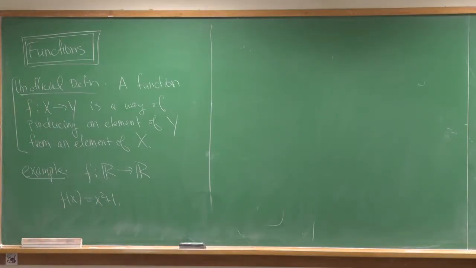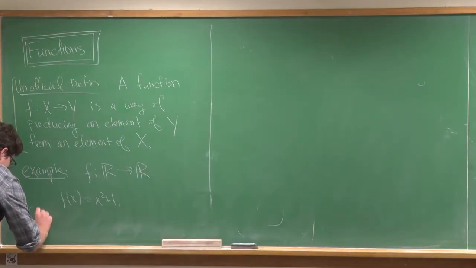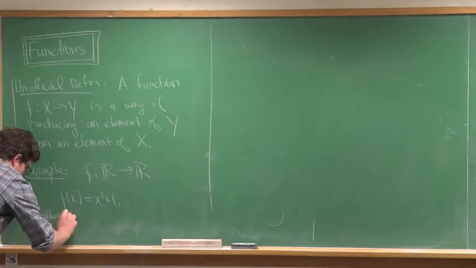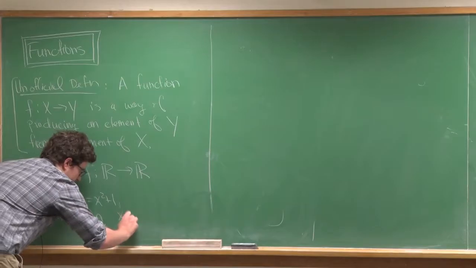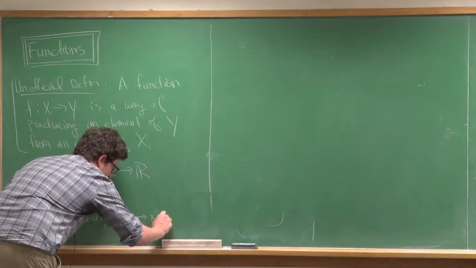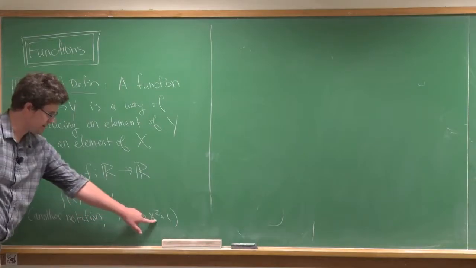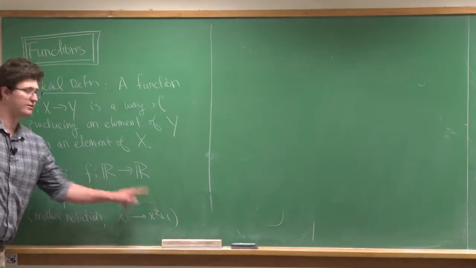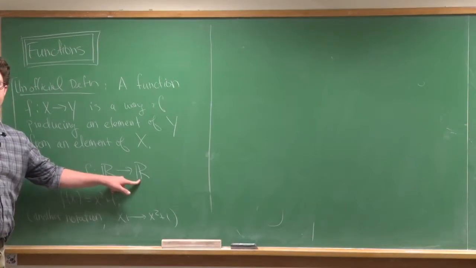So there's sometimes another notation that we introduce, sometimes we write x maps to x squared plus 1. Okay, so you're taking something in the domain and you're mapping it to something in the codomain. So we're going to call this side over here the domain. This will be the codomain of the function.